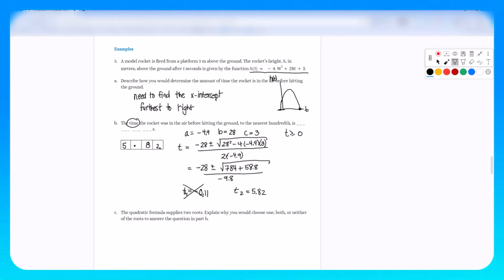So when are we going to be choosing one, both, or neither? Well, again, we have to look at the context of the question. And then from there, we're going to determine an appropriate domain.